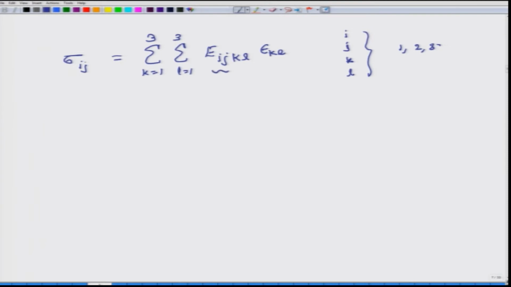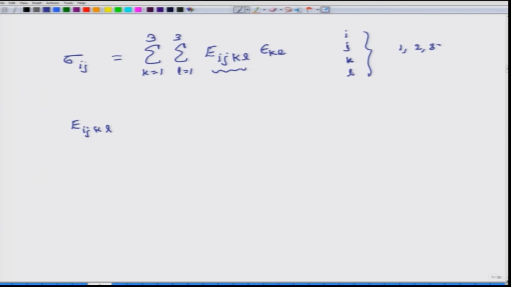Now, if you look at the E_IJKL tensor, it could have 81 different values. Why? Because we will have 81 different combinations of E_IJKL, because I can assume 3 different values 1 to 3, J can assume 3 different values 1 to 3, and so on.